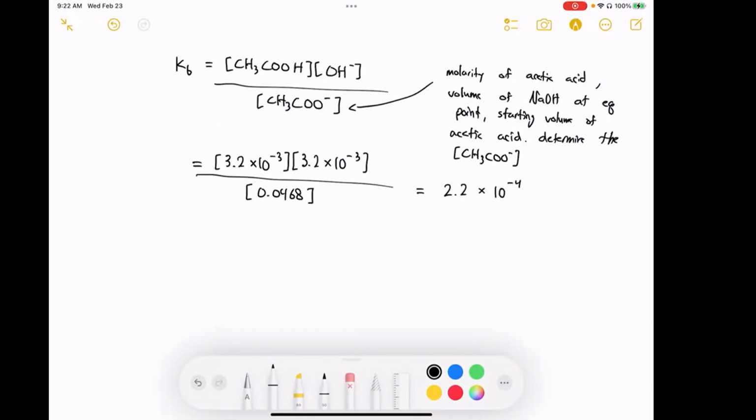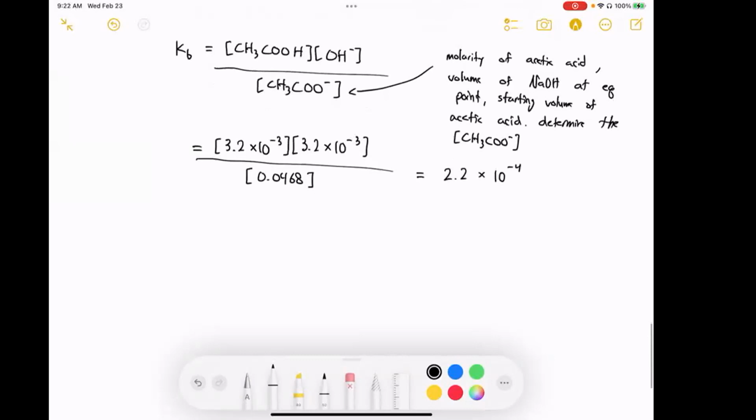So that's our Kb expression. All right, and so remember that Ka times Kb is equal to Kw. So we have a Kb expression as well.